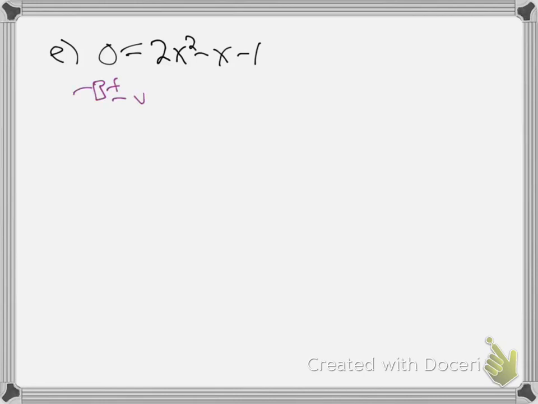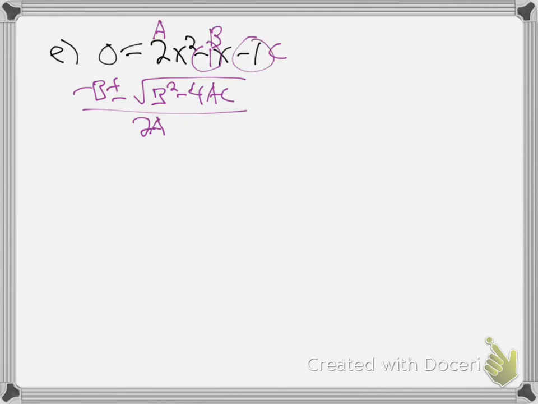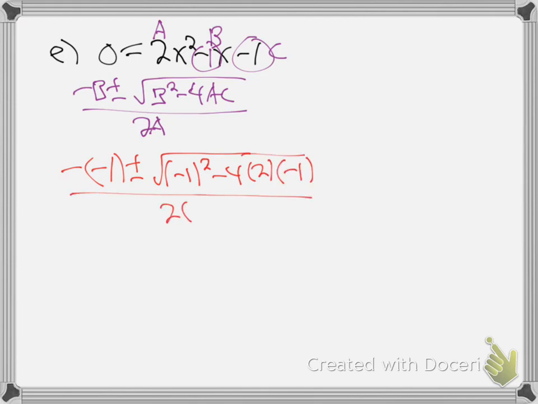I'm just going to use the quadratic formula, negative b plus or minus the square root of b squared minus 4ac, all over 2a. This is a. B is negative 1. C is also negative 1. So here we go. Negative b, negative 1, plus or minus the square root of b squared minus 4 times a times c, all over 2a. So let's simplify that. That's a negative 1. That's regular 1 plus or minus the square root of this is 1 right here.